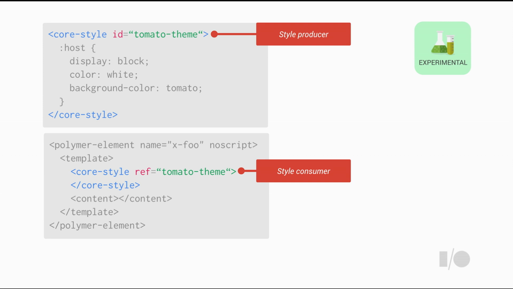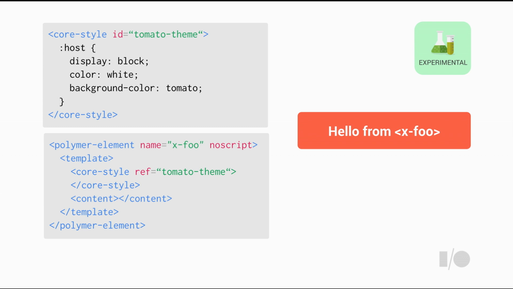So we create this little relationship between producer and consumer. You can have multiple consumers all pointed at the same producer. You can have multiple producers and a consumer changing which one it's looking at, right? You can mix and match this any way you want. But the overall effect is that we end up with a themed element, and we didn't have to specifically go in and target that item.